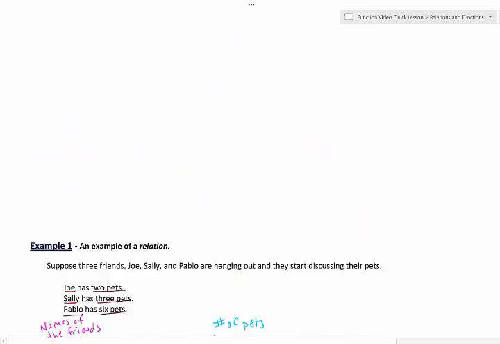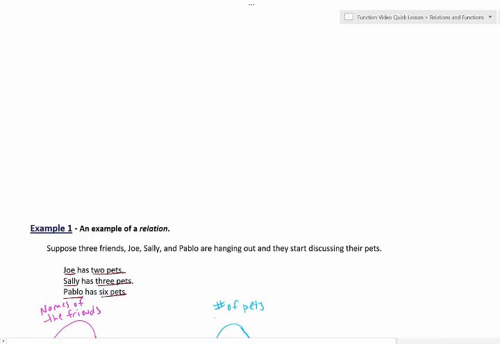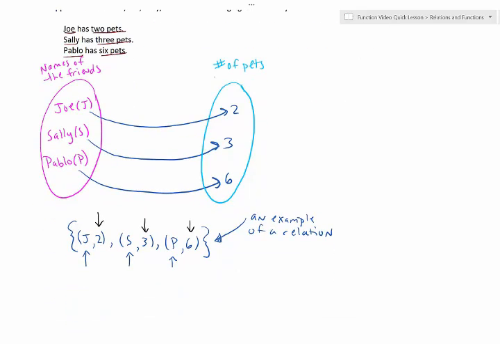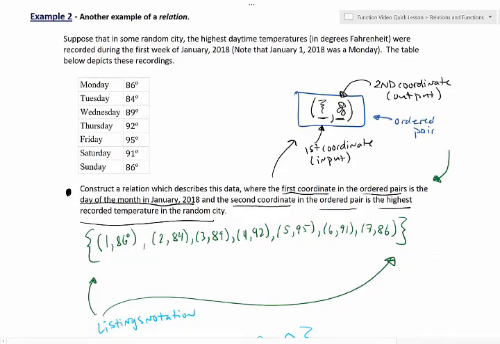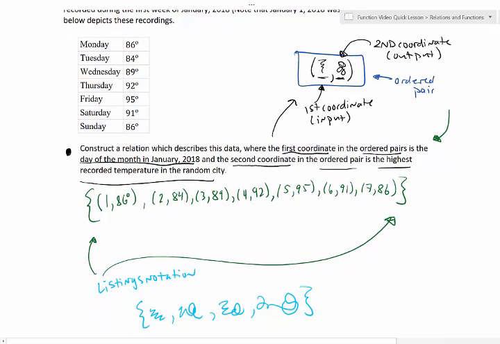So just as a quick review, we were here to talk about relations. Next lesson would be, well, let's compare to a function. Relation, we had the example with the friends who had different pets. Each friend had a different number of pets. We had another relation in which some random place, first, second, third, nth day of January had a corresponding highest degree temperature measured in Fahrenheit.